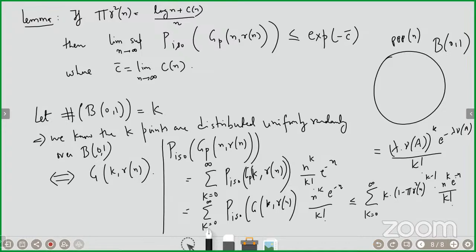What can you bound this by? Beautiful answer. I'm looking forward to this. This is an easy sum.